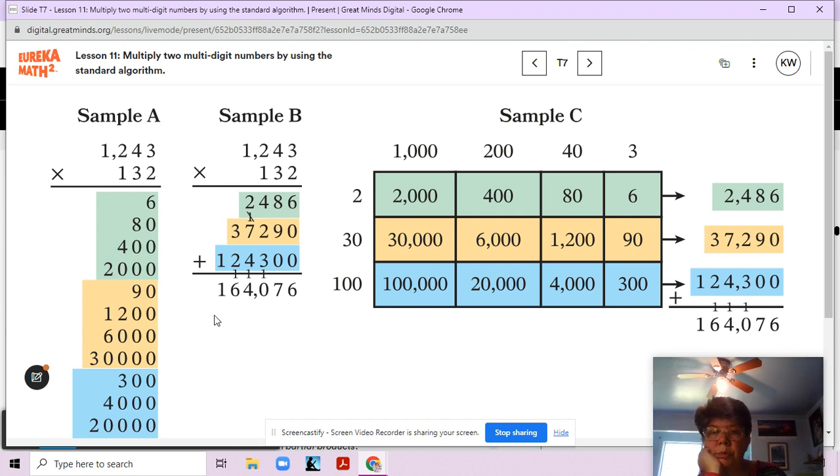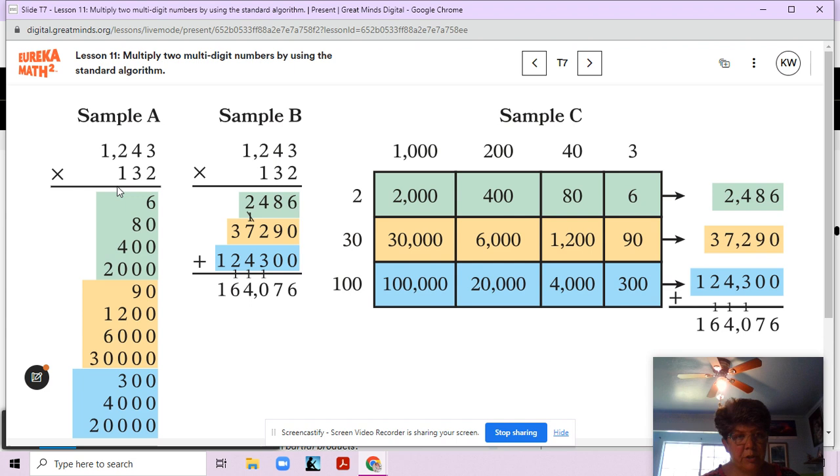So some of you use the area model or the partial products by preference, right? In this unit, we are learning all 3 methods with a focus on making sure that we're using the standard algorithm as well. But someone might use a different method if the multiplication could be done mentally with the partial products, right?